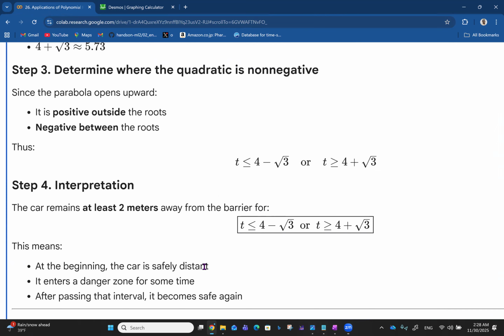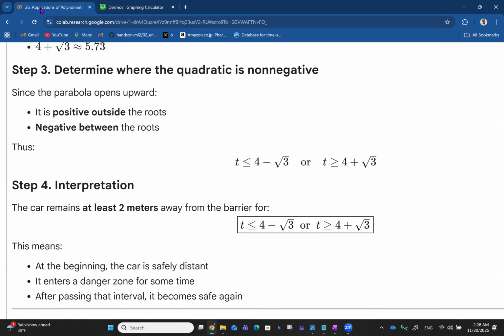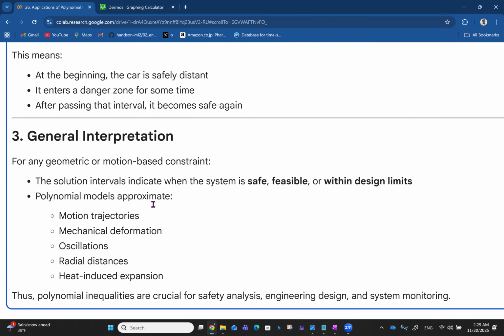This means at the beginning, the car is safely distant. It enters the danger zone for some time. After passing the interval, it becomes safe again. So while the car is within this range, it is in the danger zone, and then it goes to the safe zone later on. Okay. So we have the general interpretation now that for any geometric or motion-based constraint, the solution intervals indicate when the system is safe, feasible, or within design limits.